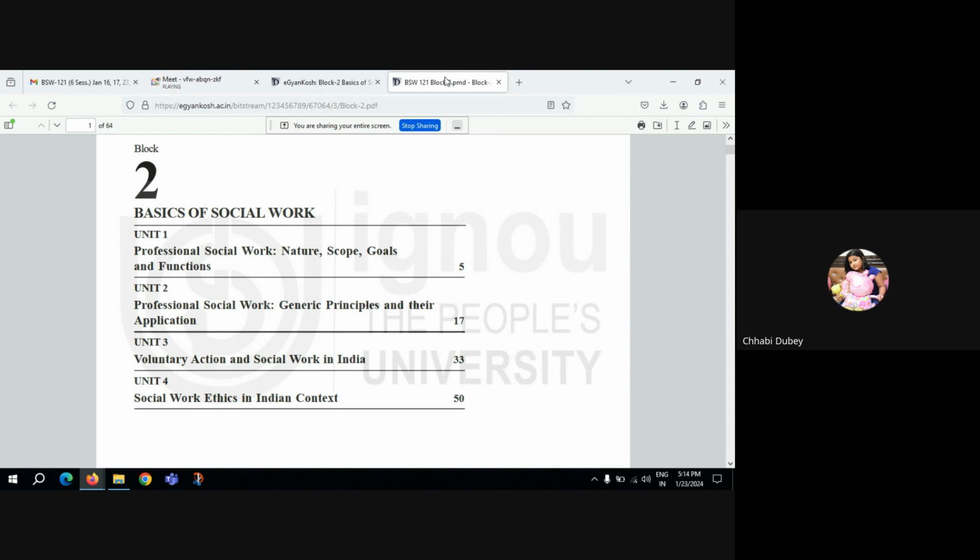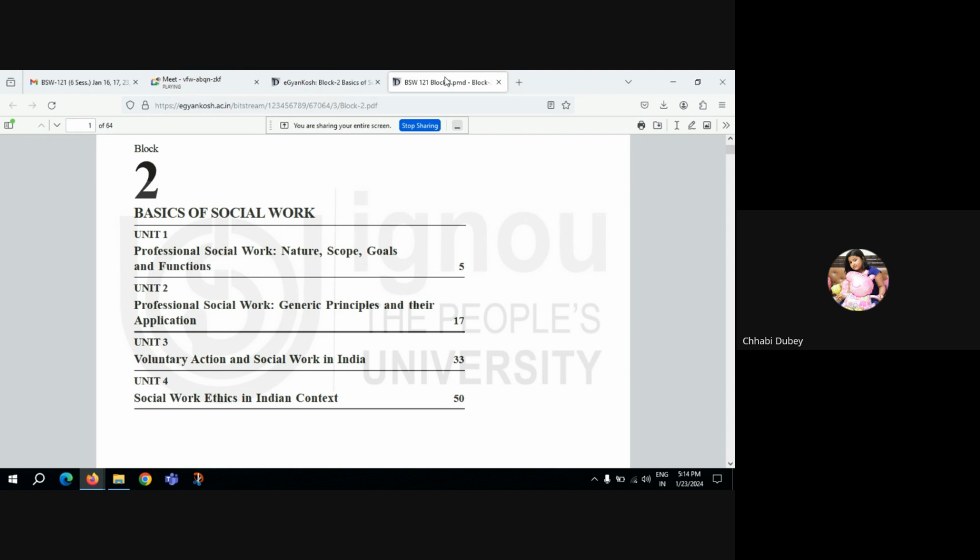We will study the history of volunteerism or voluntary action in social work, and also some social work ethics. Now, these are written more specifically for the Indian context, but most of these ethics you can also see as very relevant to your own country.